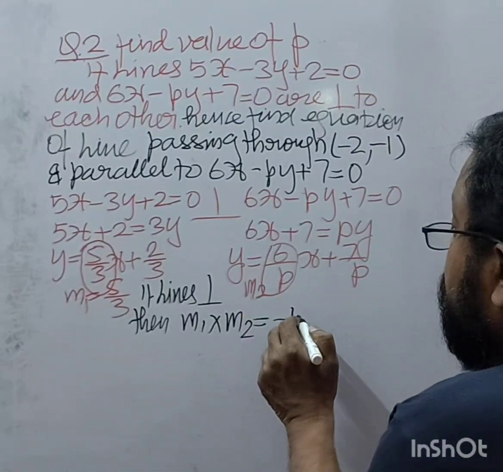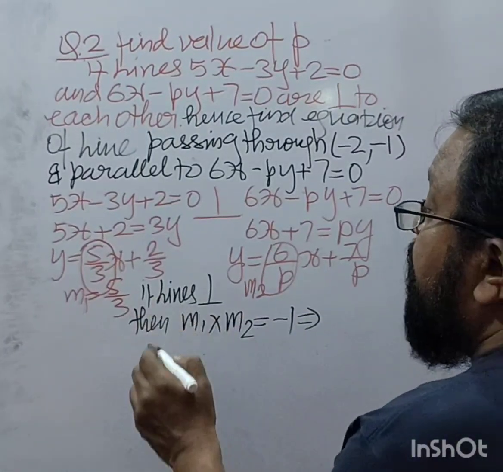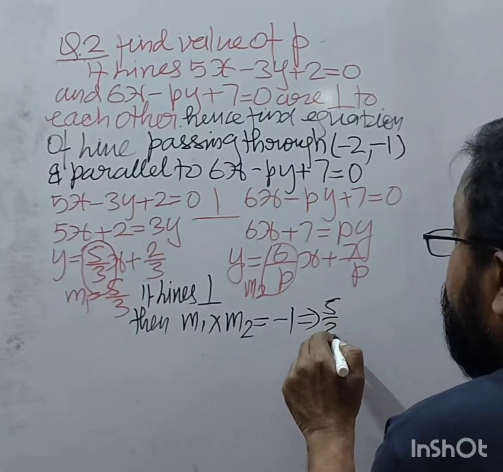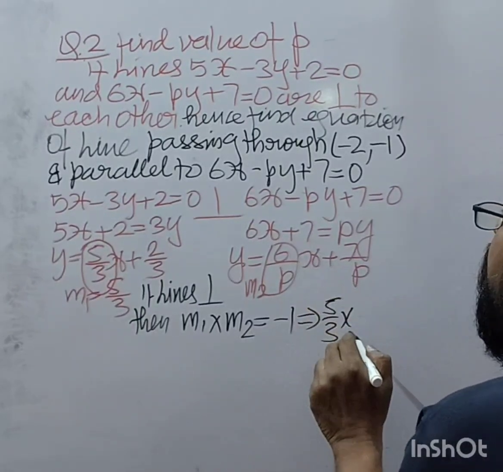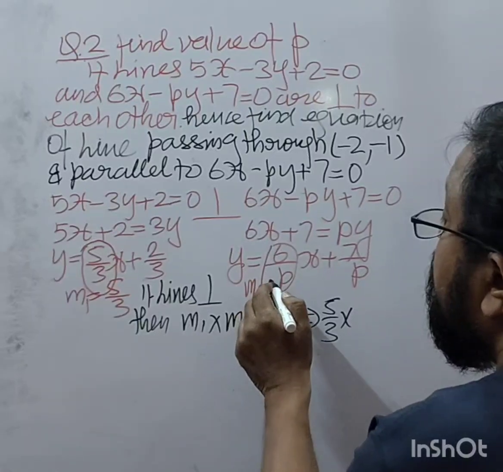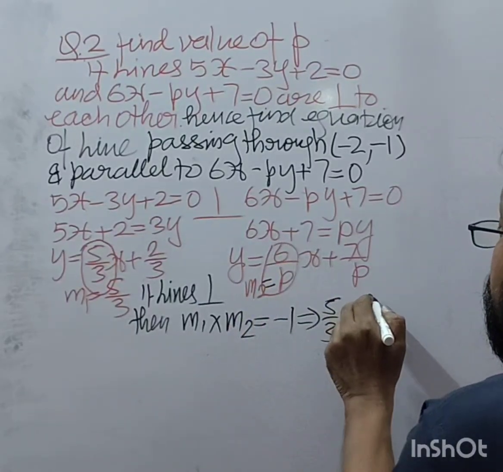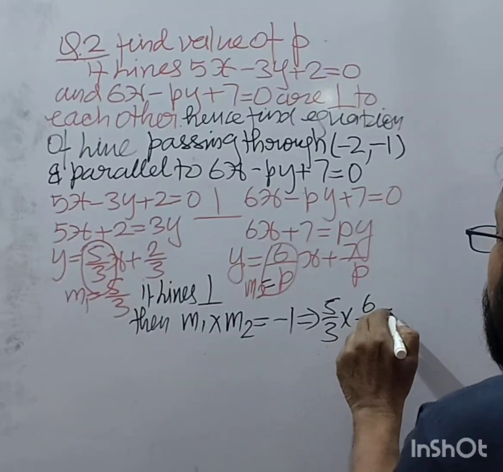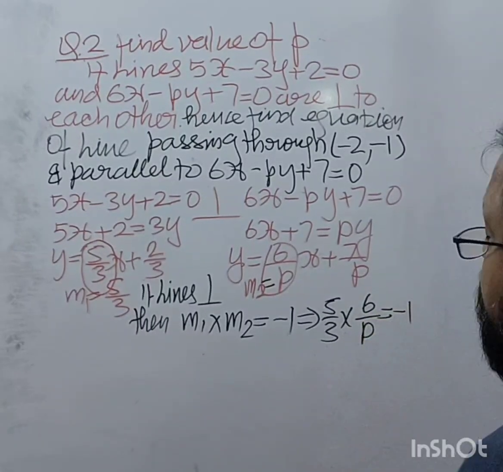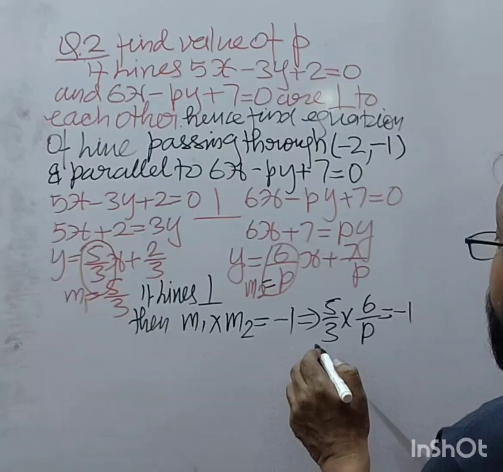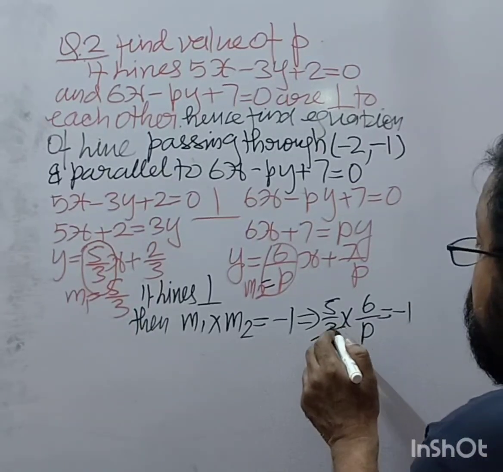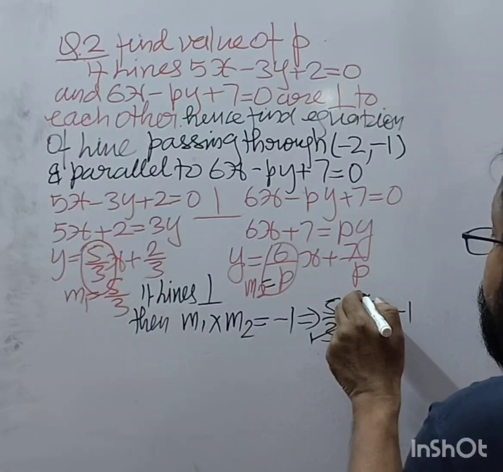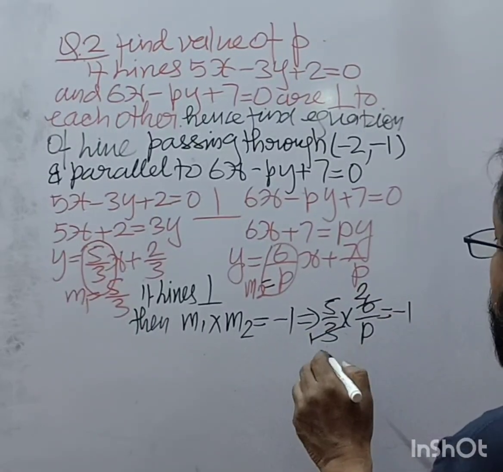So you get 5 by 3 into 6 upon p is equal to minus 1. Right? So 2 times 3 becomes 6, and 2 times 5 becomes 10.